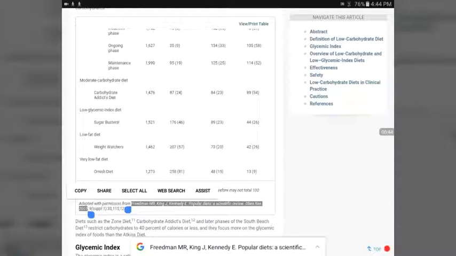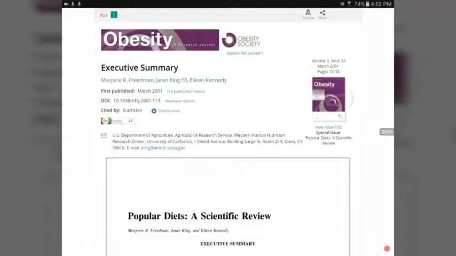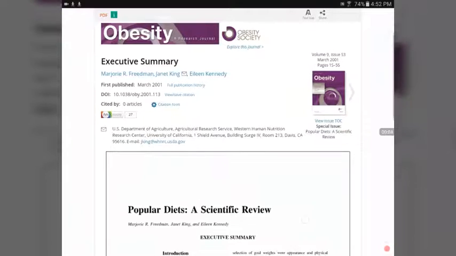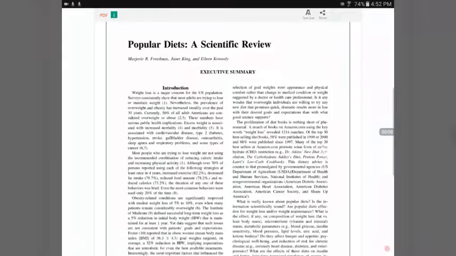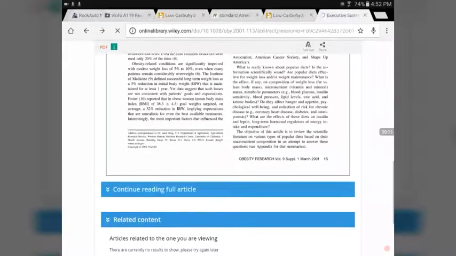And it looks like the data from this table is adapted with permission from a different study called Popular Diets, a Scientific Review. I'm going to try to find that. Let's see what we can find. If you Google the name of the study that is referenced in the first study, you will find in the research journal Obesity, Popular Diets, a Scientific Review. The full text is available for free.